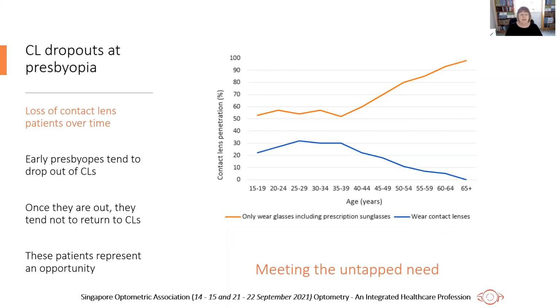But in fact, this is a missed opportunity and is an untapped need, because people will always need spectacles, whether they wear contact lenses or not. So they're going to buy spectacles in a way. The business opportunity here is to also supply them with contact lenses, because really, if you don't catch them at this early age, once they're out of lenses, they rarely go back. They change their lifestyle to accommodate their change in visual function.